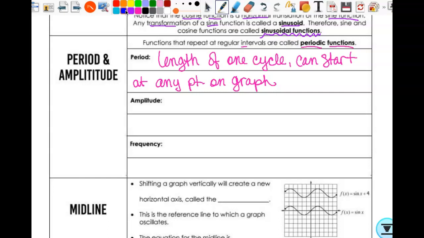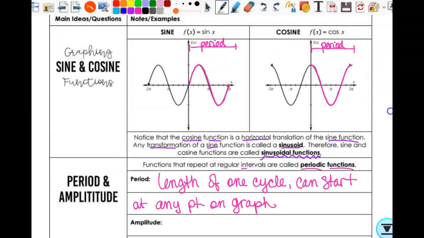All right, so our amplitude. The actual definition of the amplitude that we'll write down is half the distance between the max and min points. So it's also the distance between the x-axis and a max or min of the parent function or from the midline, either way. But this right here is the amplitude. So is this.